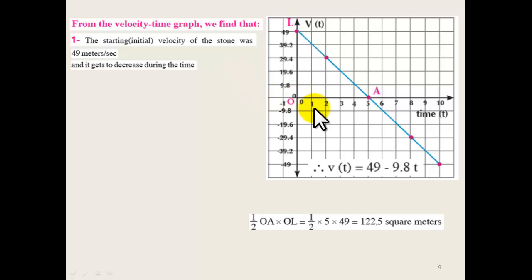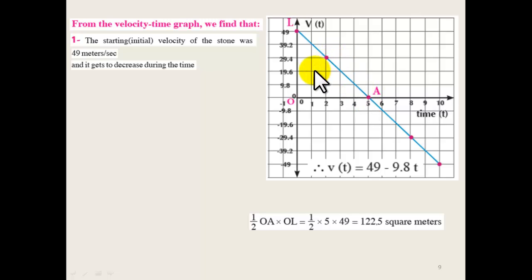After 1 second, its velocity will be 39. After 2 seconds, its velocity will be 29.4. After 5 seconds, it reaches the maximum height, and it will change its direction.